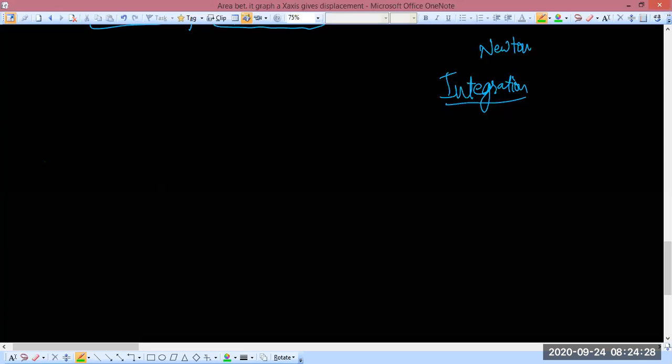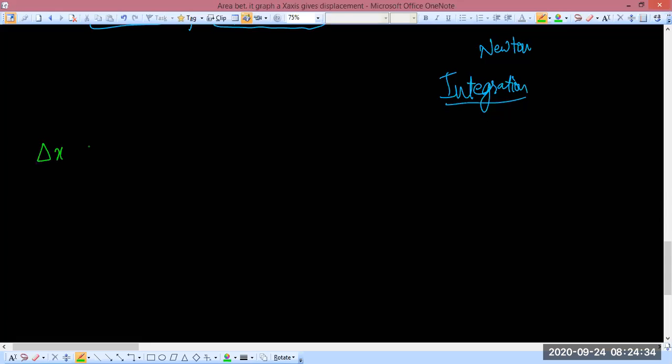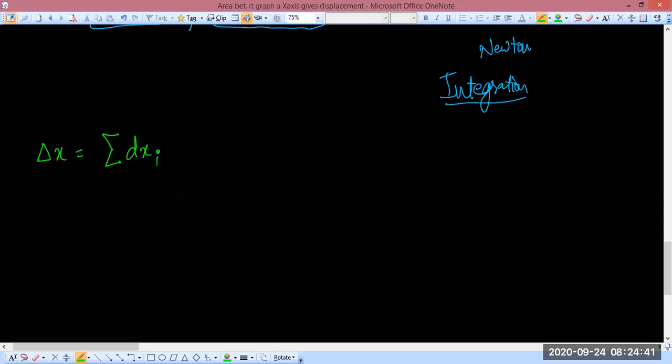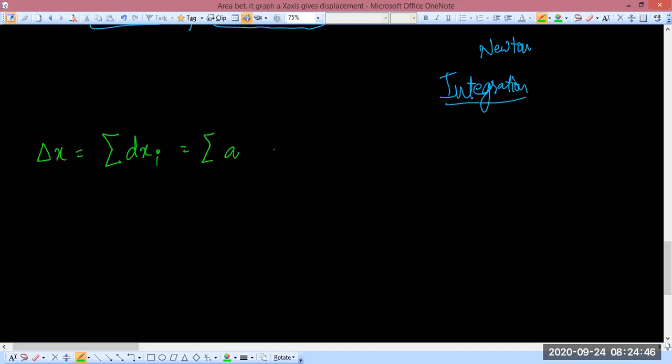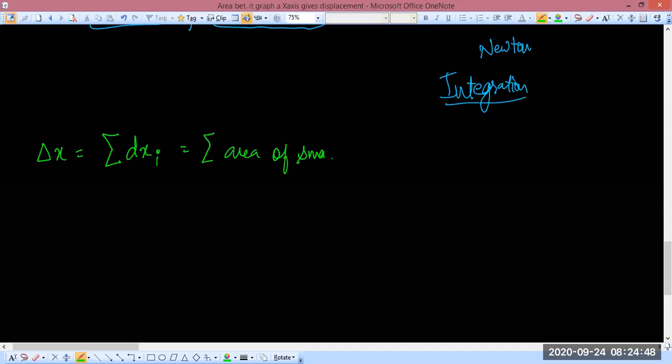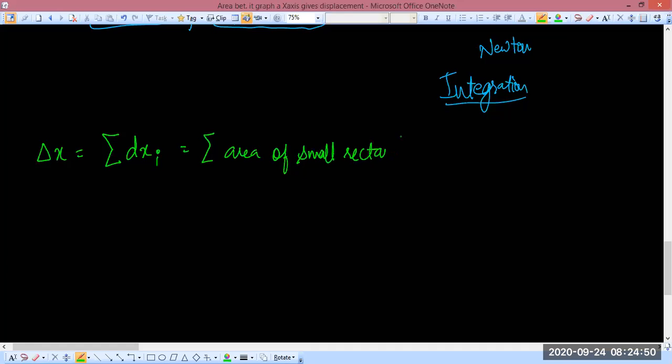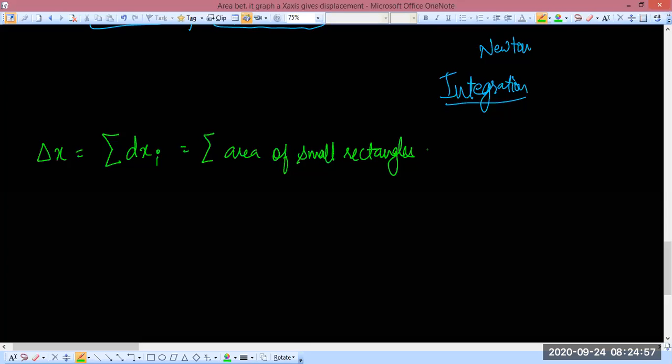For anyone who wants to skip the mathematics, here is the final important line for us. Displacement is the addition, sigma, you know, addition of the small displacements that we have found, which is actually addition of the area of small rectangles. Agreed? But this area of small rectangles is nothing but addition of VDT.